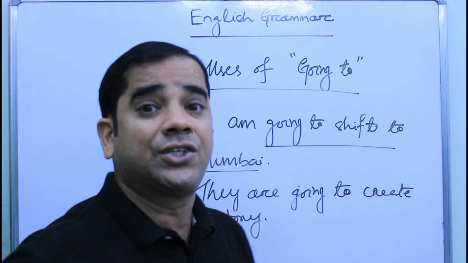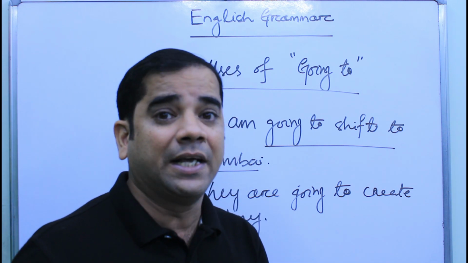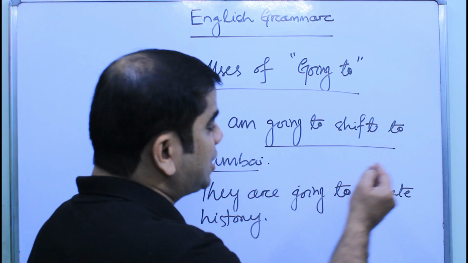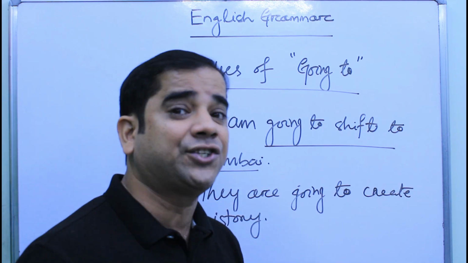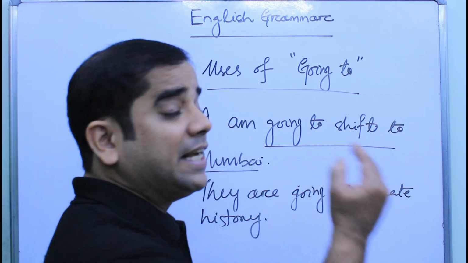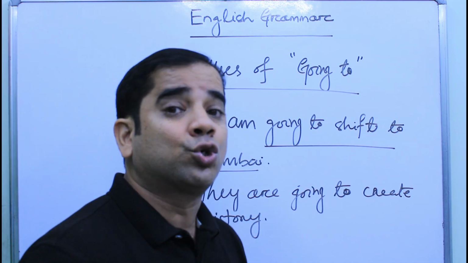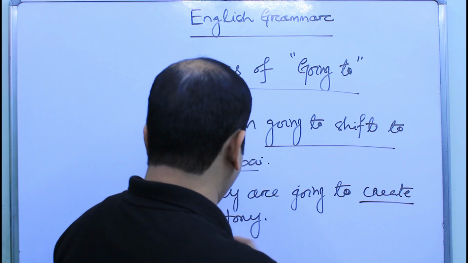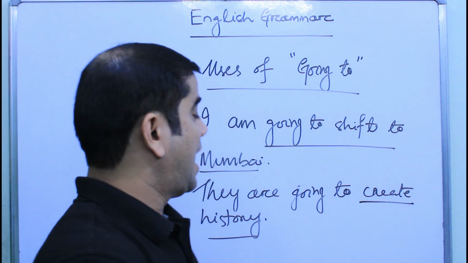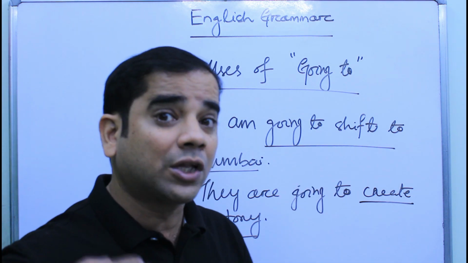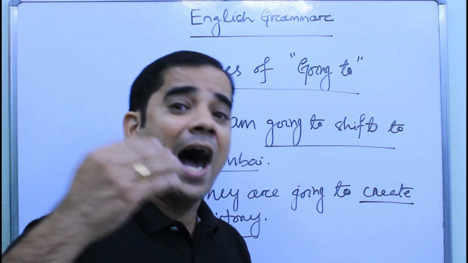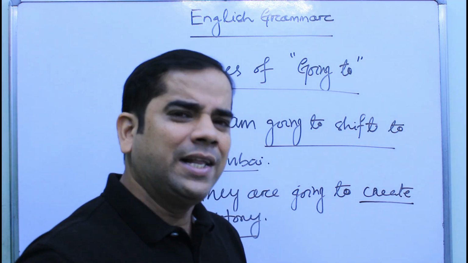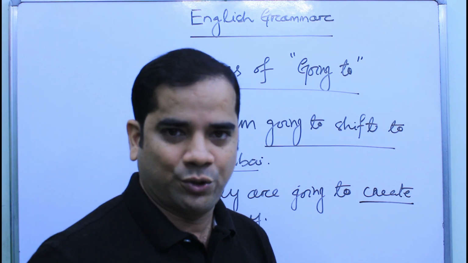They are so strongly intended to do something that they will be remembered forever. Okay, so they are going to create history. That means they are that much intended to create history. This sentence shows their intention. So here creating history is the intention, and we have used going to show the intention that they are going to create history. Okay, so in this way we use going to.